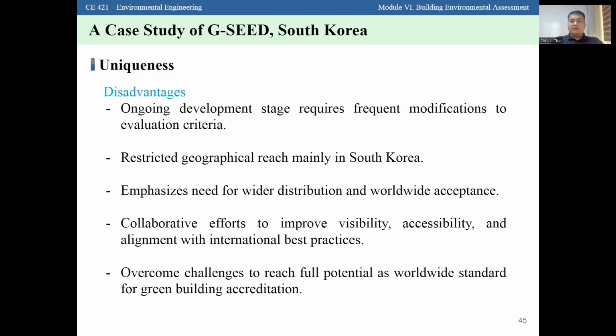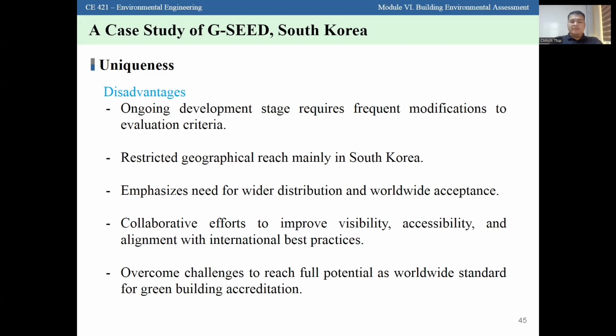However, with all these advantages and uniqueness, there are also disadvantages to GC. GC is still in an ongoing development stage, which requires frequent modification to the assessment criteria for the rating system, and it also has a restricted geographical reach, covering mainly South Korea.